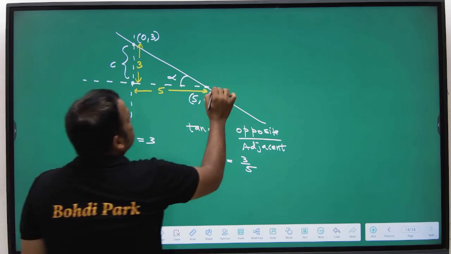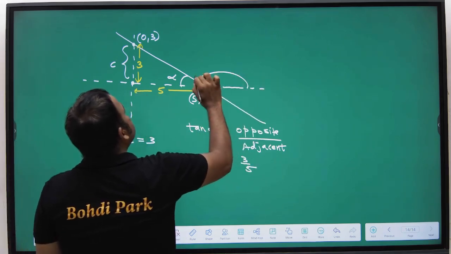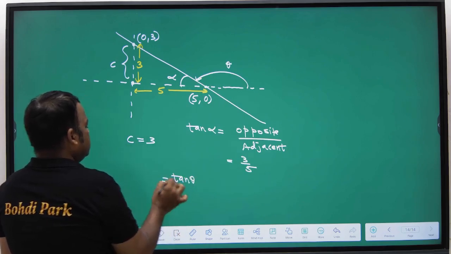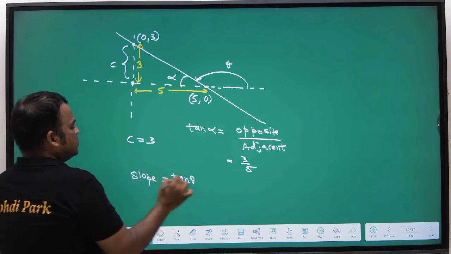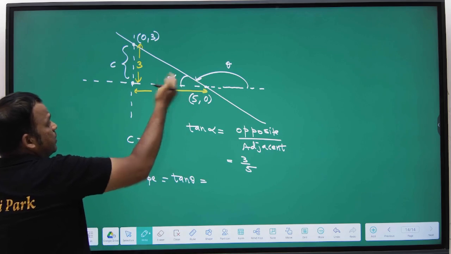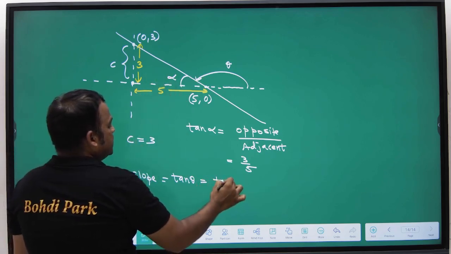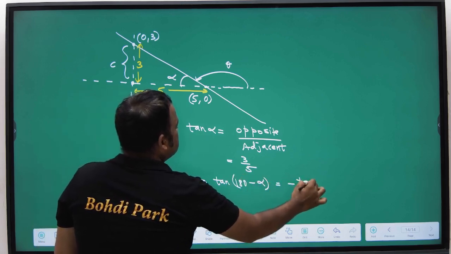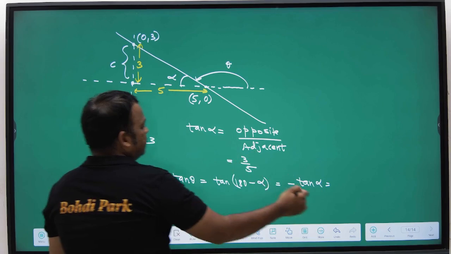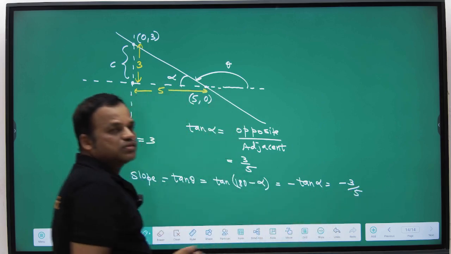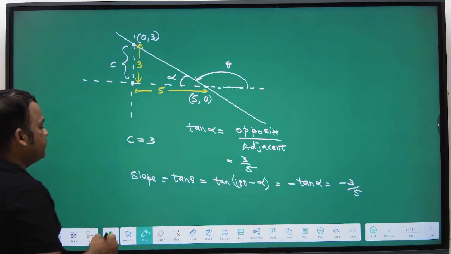So slope is not tan alpha, slope is tan theta. Now we know that theta is equal to 180 minus alpha. So it will be tan 180 minus alpha. So that will be minus tan alpha, and tan alpha is 3 by 5. So minus tan alpha will be minus 3 by 5. So we got the slope.